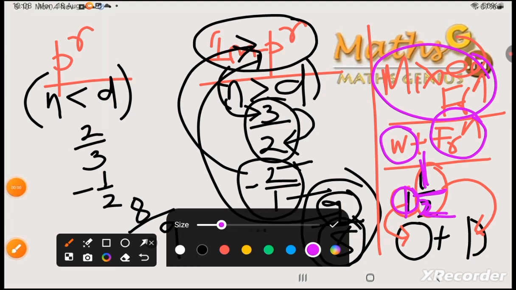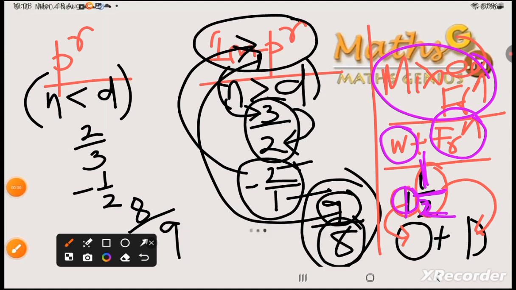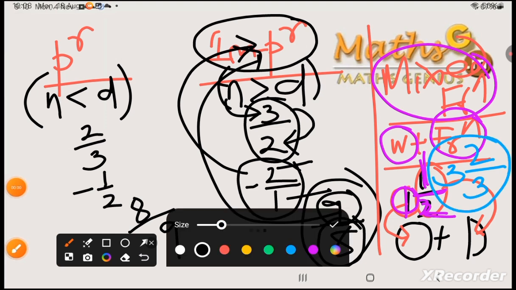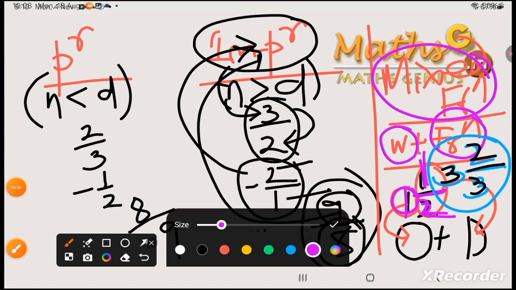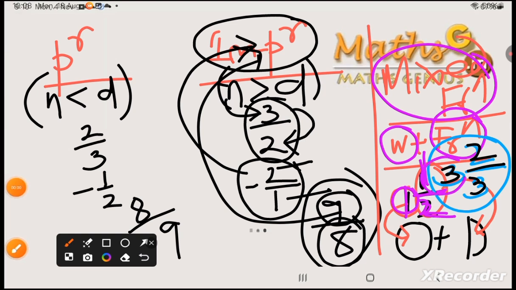Similarly, another example of a mixed fraction. I am overwriting over here 3 whole 2 by 3. Here again, what is the whole number part? 3.